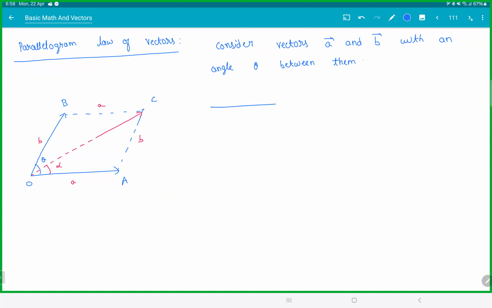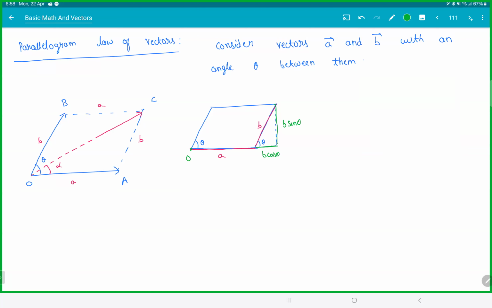From this we can clearly see, if you drop a perpendicular, since this angle is theta, this angle is also theta. From here to here, this is A, and this is B. From geometry, this length will be B cos theta, and this vertical length will be B sin theta.